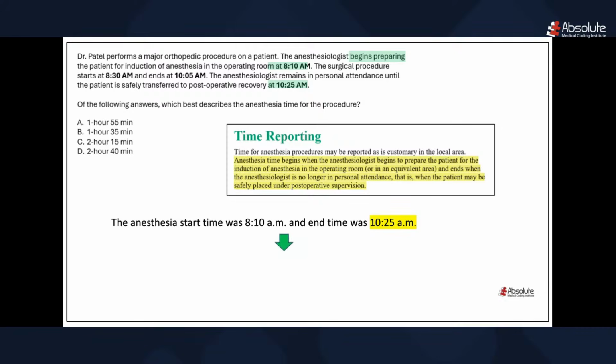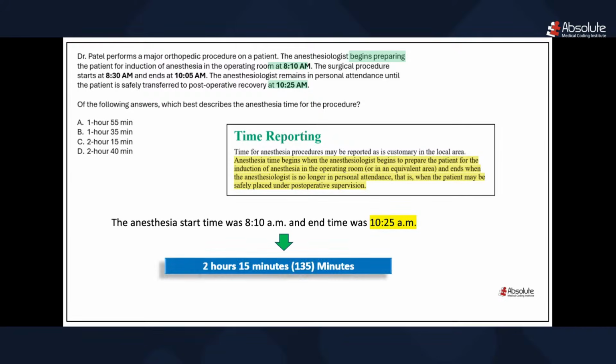So what is the time difference between these two? We have 2 hours and 15 minutes of anesthesia time. That would be 135 minutes, right? So 135 minutes would be 2 hours and 15 minutes.